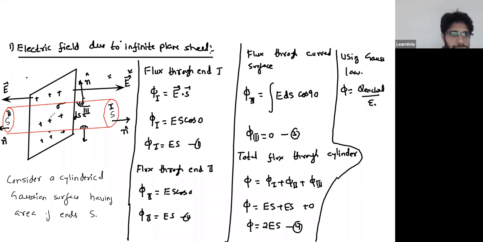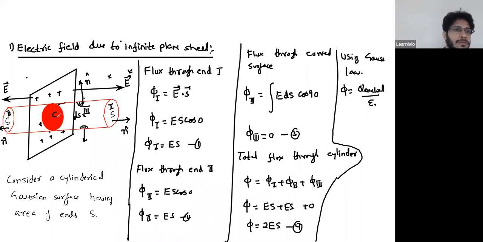Is it the area of a circle? Area of circle, right? So it should be basically this portion. This much of portion, right? It will cut an area which corresponds to the area of the ends.